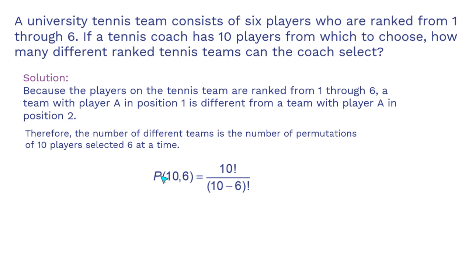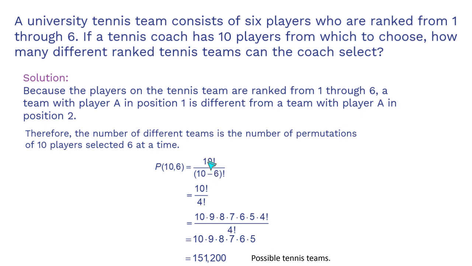And if we work it out, we get 10 factorial divided by 10 minus 6 factorial. If we evaluate this, 10 minus 6 factorial is 4 factorial. So for 10 factorial, I can write it as 10 times 9 times 8 times 7 times 6 times 5, and since I'm dividing by 4 factorial, I'm just going to write this as 4 factorial divided by 4 factorial.